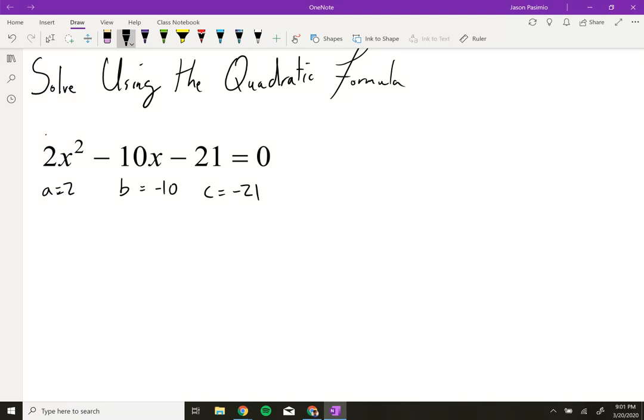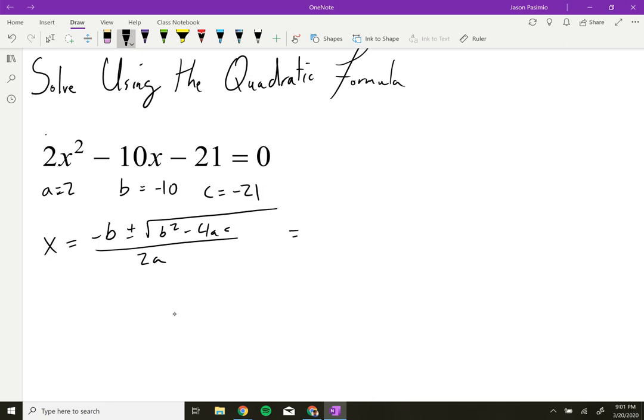So now we'll just use our formula. And again, I'll write it down for the first time that we use it. X equals negative b plus or minus the square root of b squared minus 4ac all over 2a. And now we're just going to start plugging stuff in.